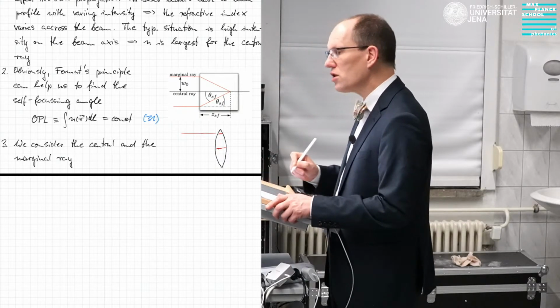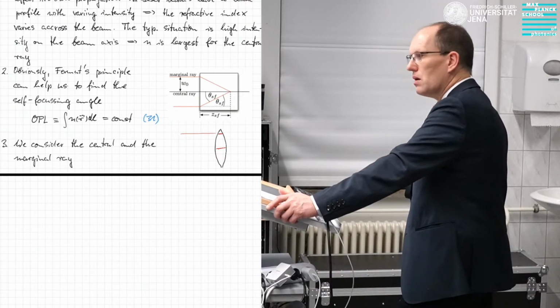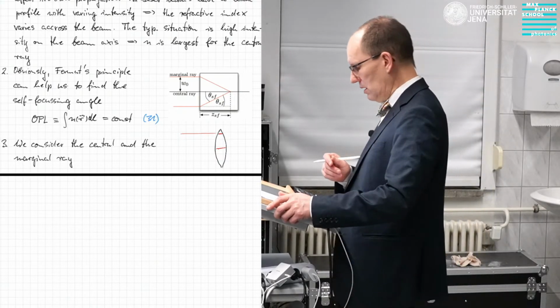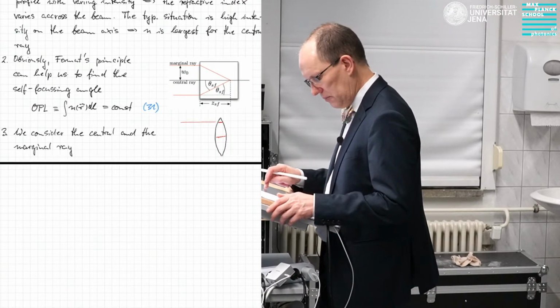For the marginal ray, we assume, of course, that the intensity is negligible, whereas for the central ray, it's the maximum intensity.